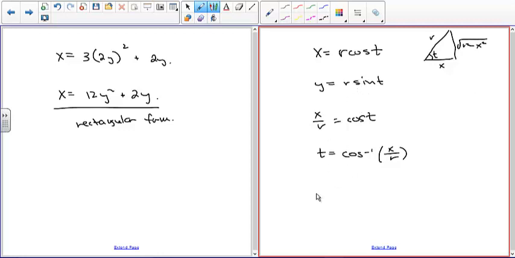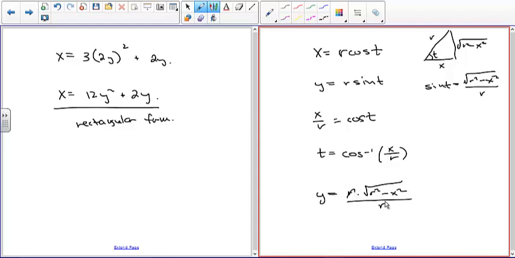So if the cosine of t is x over r, then the sine of t is equal to the square root of r squared minus x squared divided by r, the opposite side over the hypotenuse. Then I can substitute that into here. y is equal to r times the square root of r squared minus x squared over r.